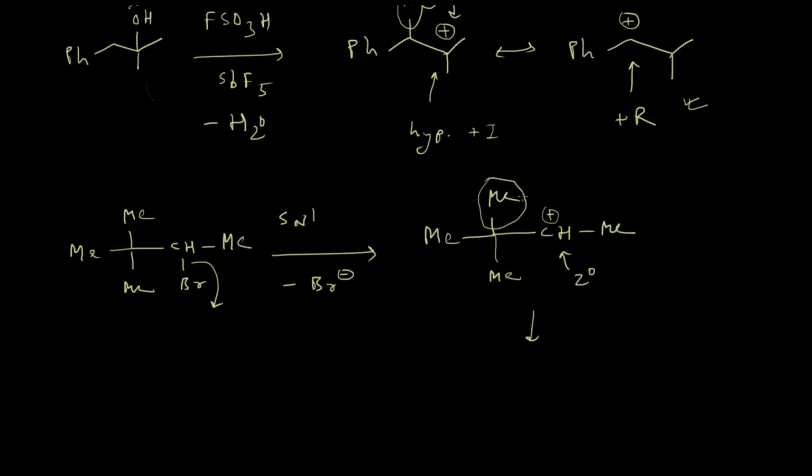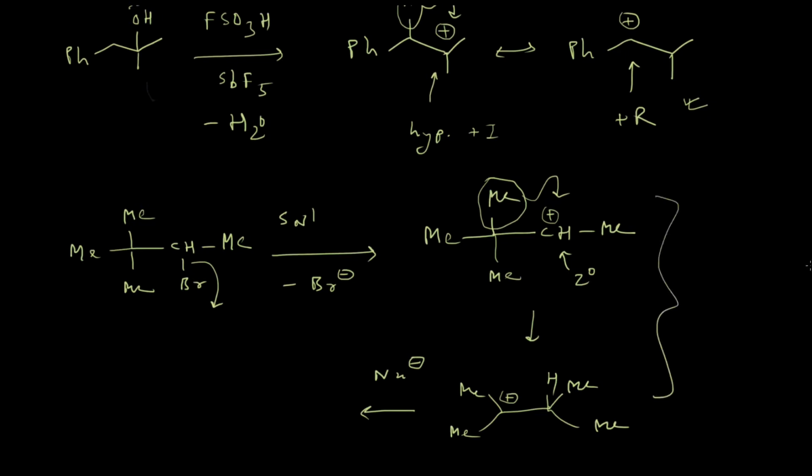So a 1,2 methyl shift will produce a more stable tertiary carbocation. And then the subsequent steps will occur. The nucleophile will attack the carbocation center and the product will form. So our main concern here is the rearrangement steps.